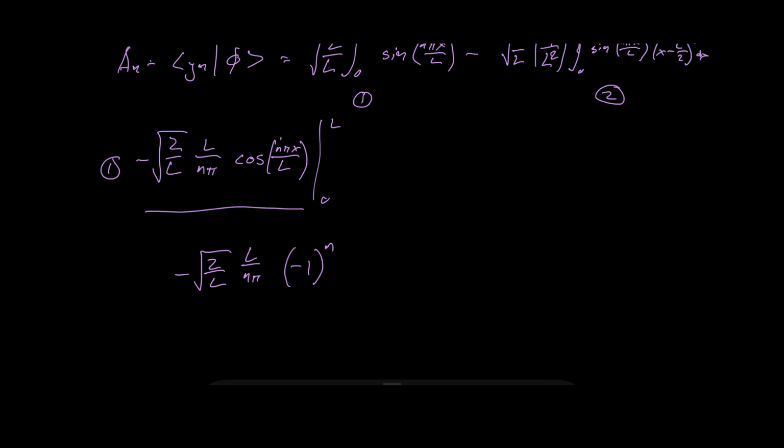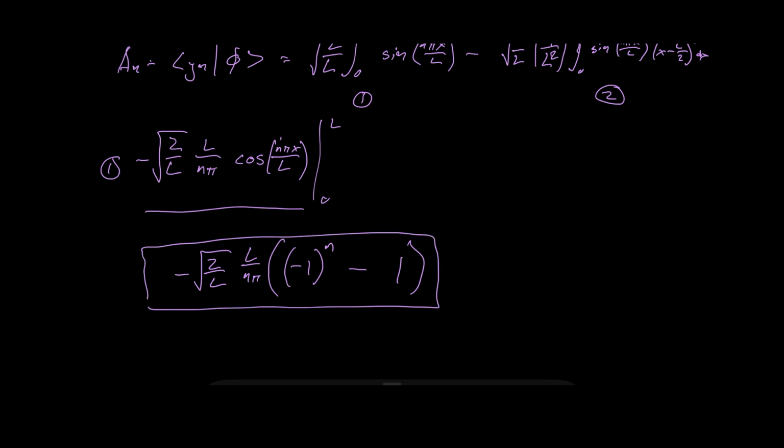So if n is 1, cosine is negative 1, right? N is 2, cosine is positive 1. There we go. So we got that correct. So that's how we write that. And then minus 1. But we need the brackets here. And this is our first solution, that's our first integral.